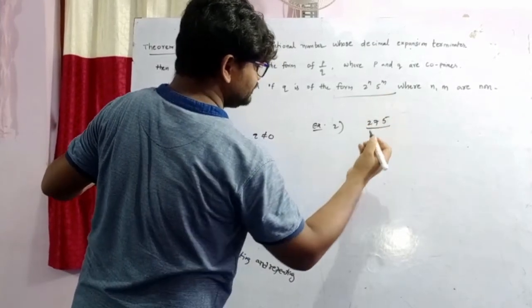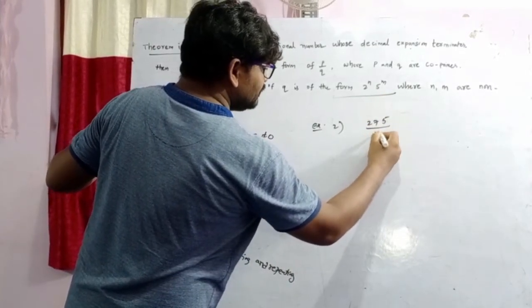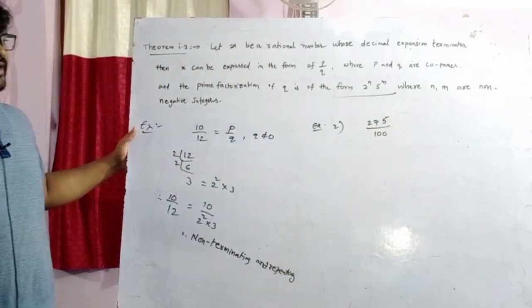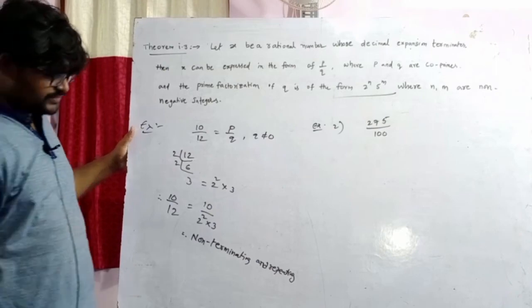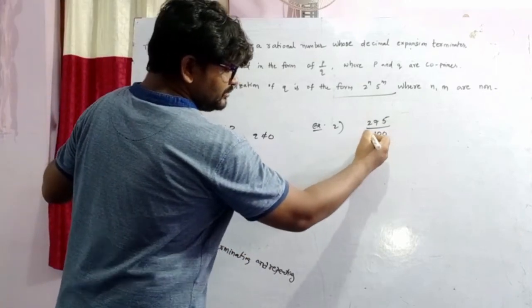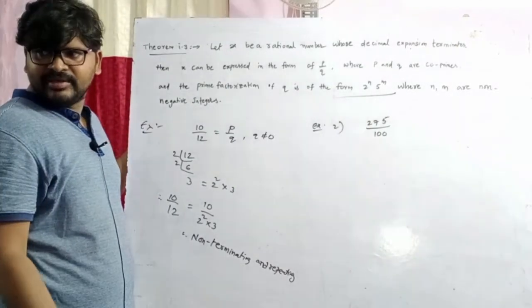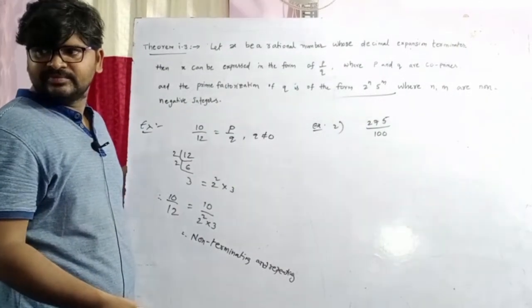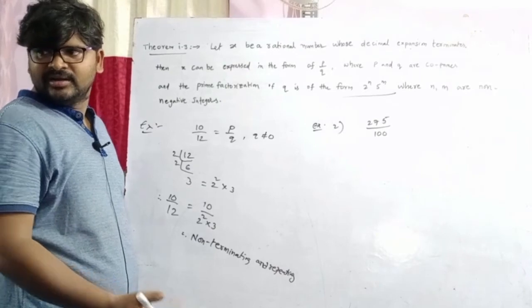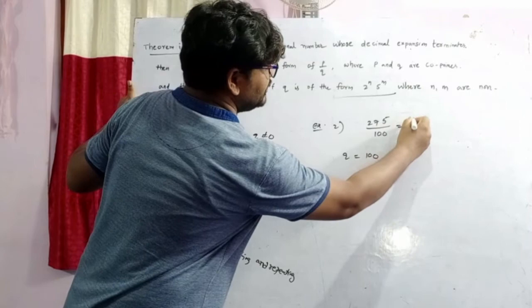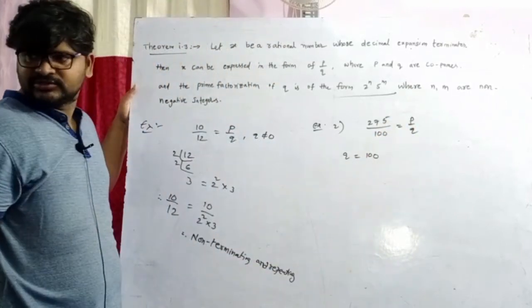Example 2. Is 275 by 100 terminating or not? If the denominator q is of the form 2 power n into 5 power m, it is terminating; otherwise non-terminating repeating. Here q equals 100.